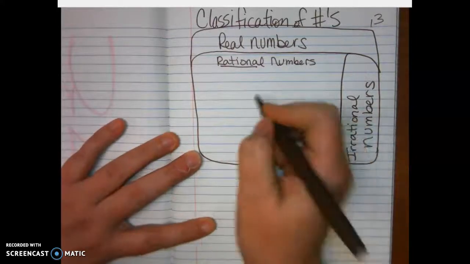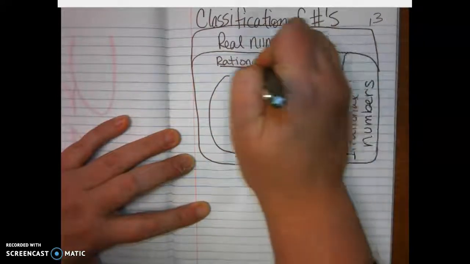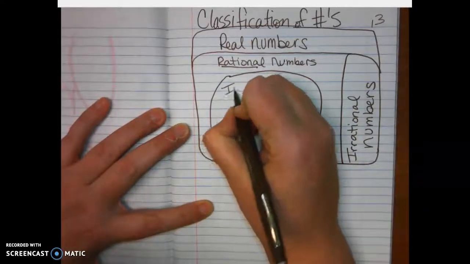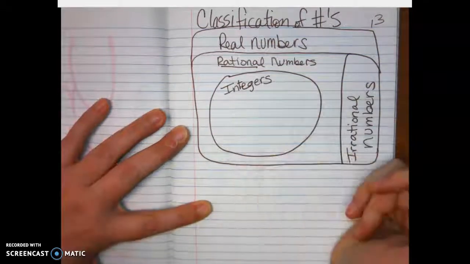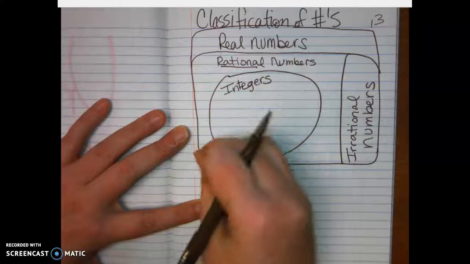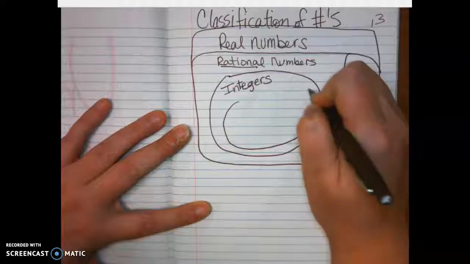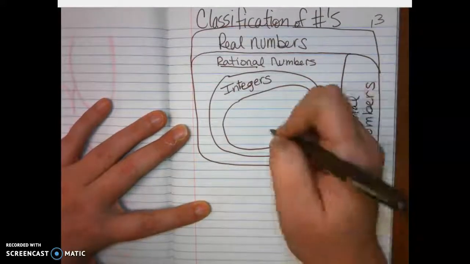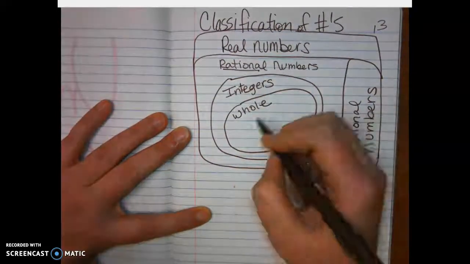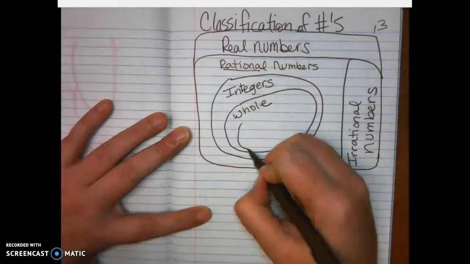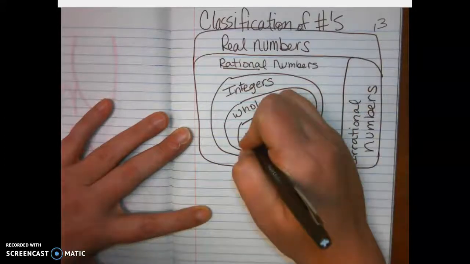Okay? So this circle here is full of integers. Oops, integers. Everything inside this circle is an integer. Even everything in the other circles we're about to put in there. Okay, you've learned this stuff before. Okay, everything inside this circle is a whole number. Everything inside this circle, this weird oval egg looking thing, is called a natural number.